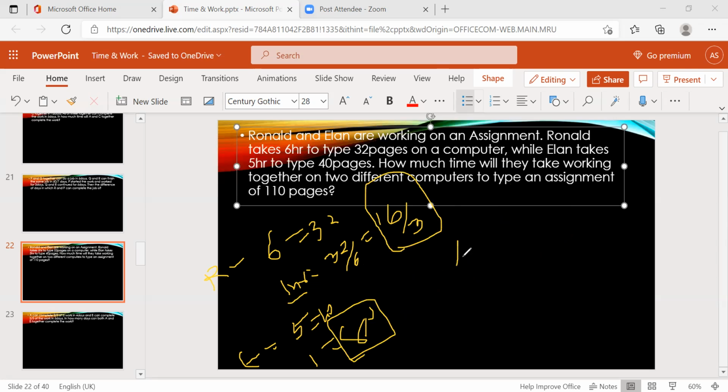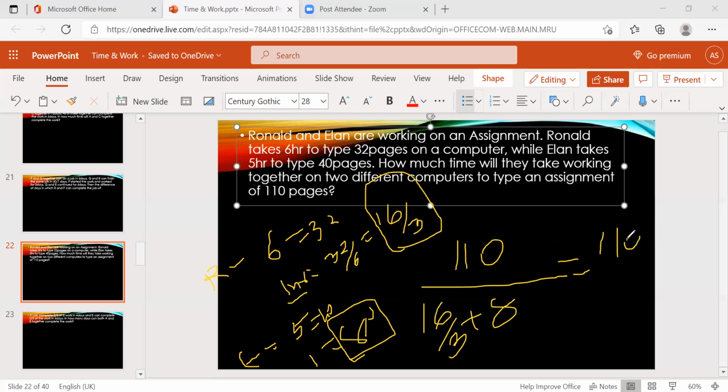Now, total 110 pages. Together they're working at 16 by 3 plus 8, right? So it is nothing but 3 into 8, it's 24, 24 plus 16, it's nothing but 40. So 110 into 3 by 40.